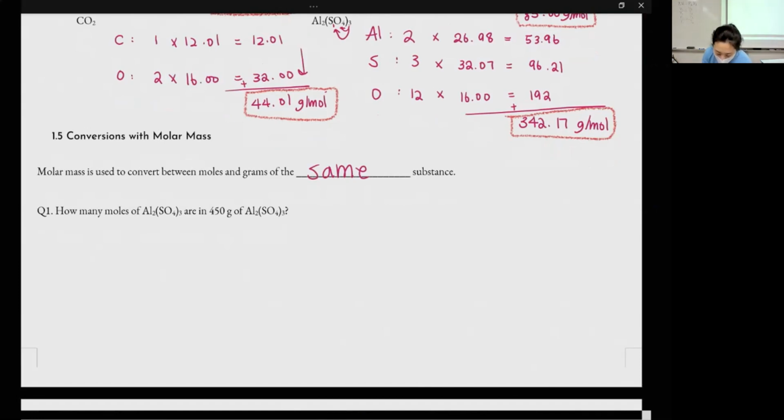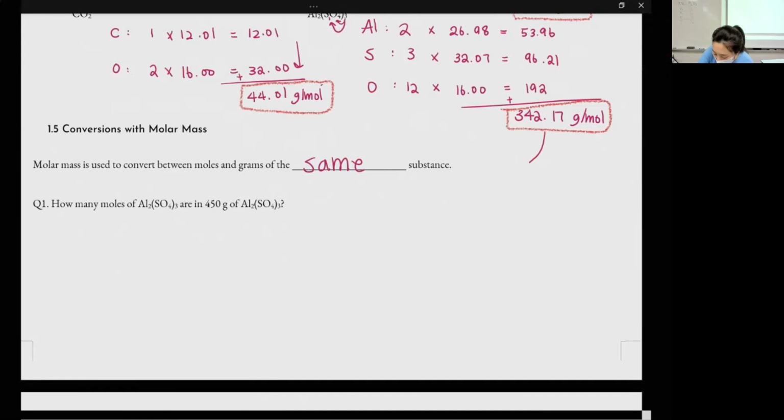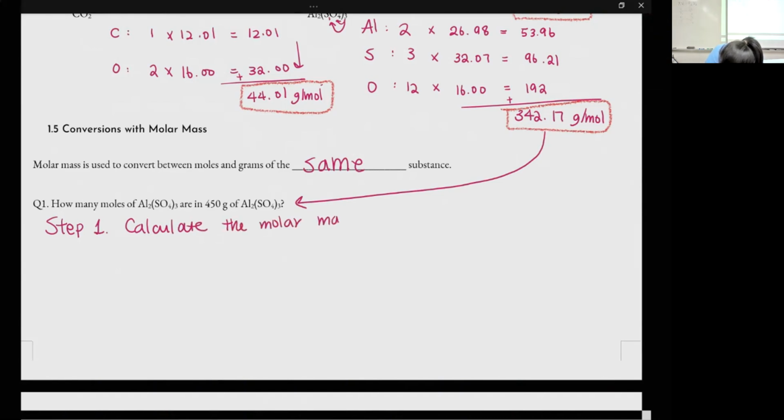Okay, so it says: how many moles of Al2(SO4)3 are in 450 grams of Al2(SO4)3? We already calculated the molar mass of it, so I'm going to use that. Your step 1 would be calculating the molar mass of your given, which is already done.